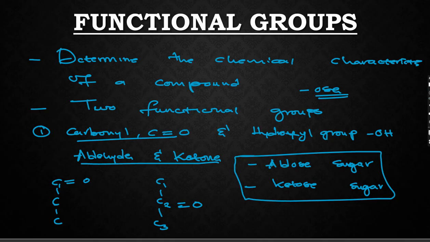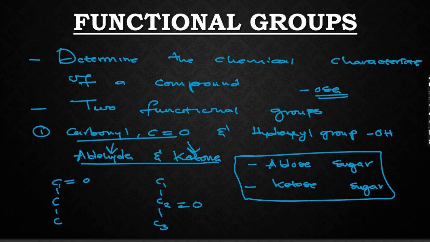This is what you need to understand about aldose and ketose. Very important, you'll be asked on this. I'm emphasizing. So the two functional groups, we have a carbonyl group and a hydroxyl group. But the special thing about the carbonyl group is that it may be an aldehyde or a ketone. It is an aldehyde when it is at the first carbon.